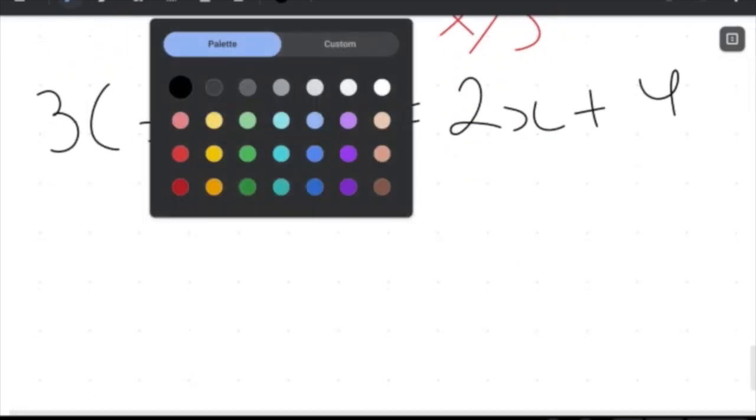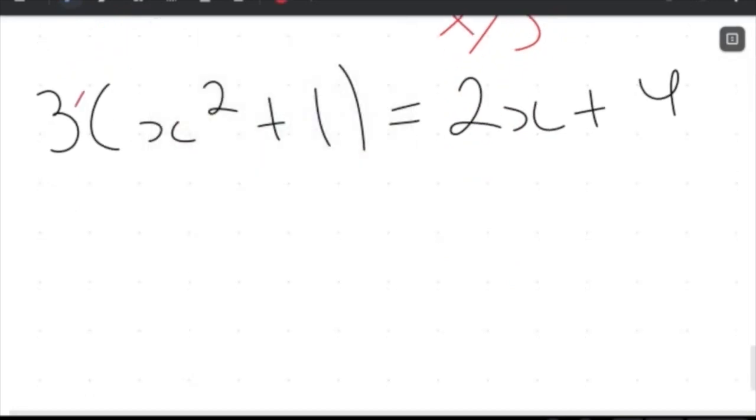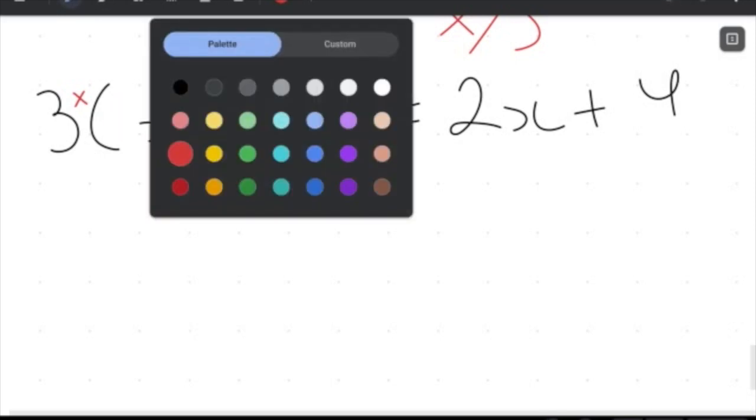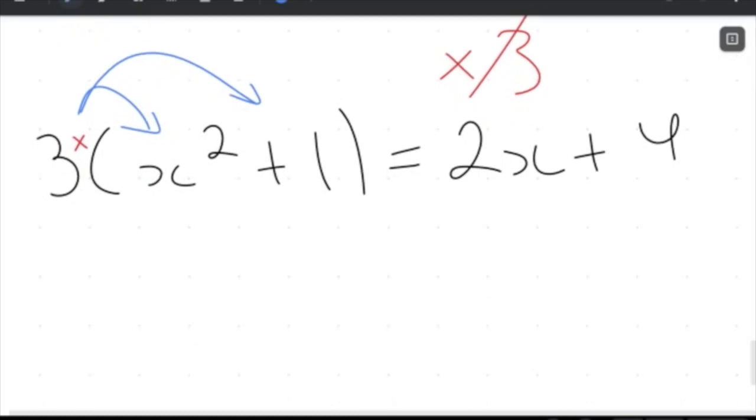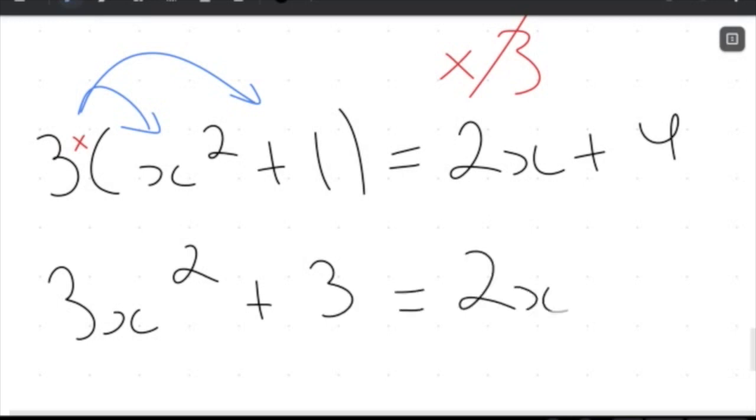And now here, remember, this 3 is multiplying by this whole bracket, both of these bracket terms. So when we expand brackets, we want our outside term to get multiplied by the 2 inside terms. I get left with 3x squared plus 3 equals 2x plus 4.